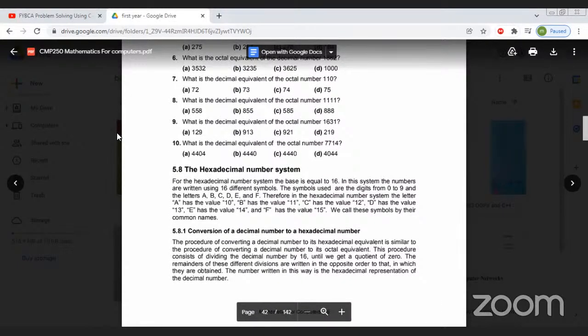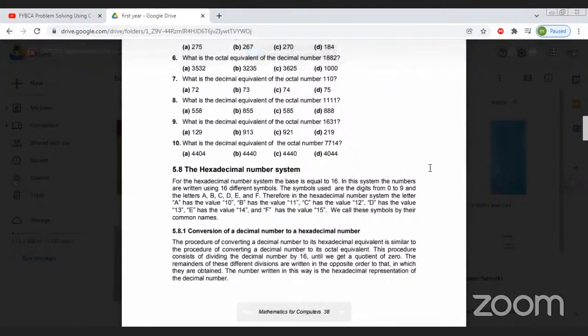Now we are going to talk about hexadecimal numbers. Hexadecimal, the base is equal to 16. So here we not only include the digits, but we include our alphabets also. Now how do we do that?